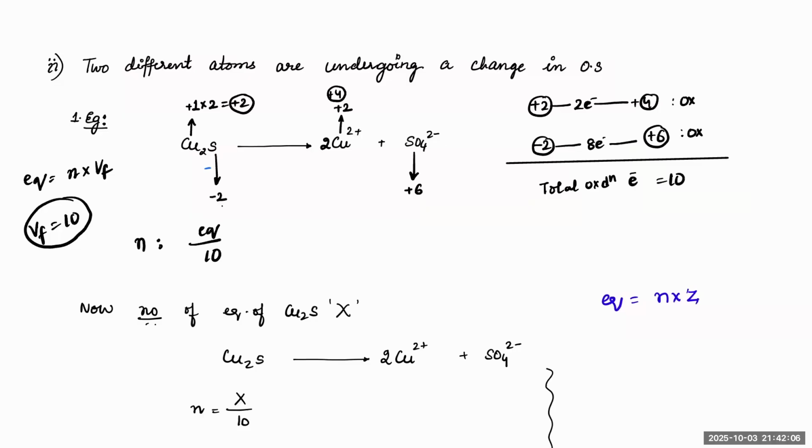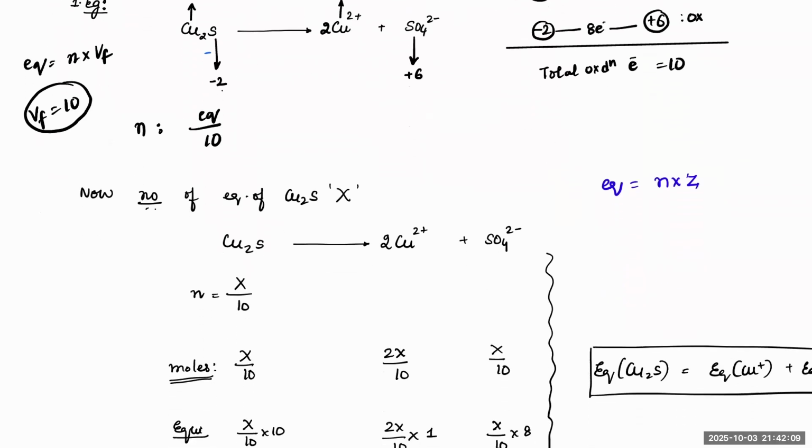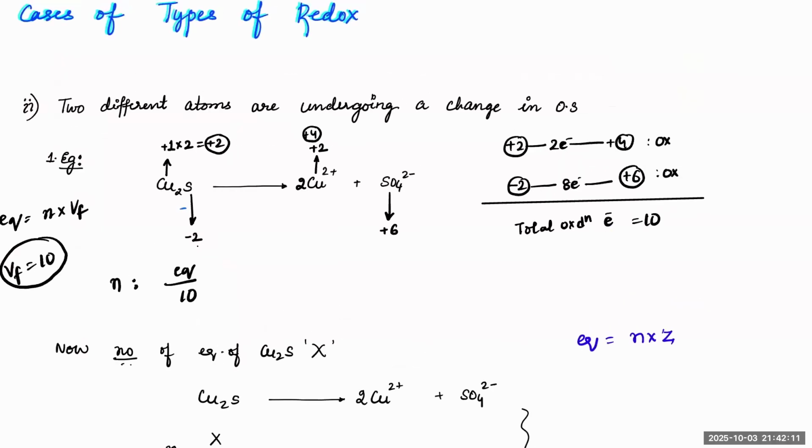Now let me explain the valency factor again. We discussed what a valency factor is in various types of reactions as well. If you have an acid, the number of H plus ions an acid can give will be its valency factor. If it is a base, how many OH minus it can give. If it is a salt, the total positive or negative charge which it is carrying. Okay. But all of these valency factor definitions are valid for non-redox.